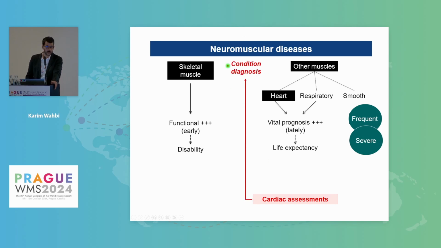Firstly, at initial diagnosis, since the cardiac patterns may be different from one disease to another, having cardiac manifestations can help for the etiological diagnosis. And then at baseline and during follow-up, it's important to identify cardiac abnormalities, to have a follow-up plan, and to offer patients prevention. I will try to show you today how prevention can work in those patients and can really improve life expectancy. This is probably the most important message.